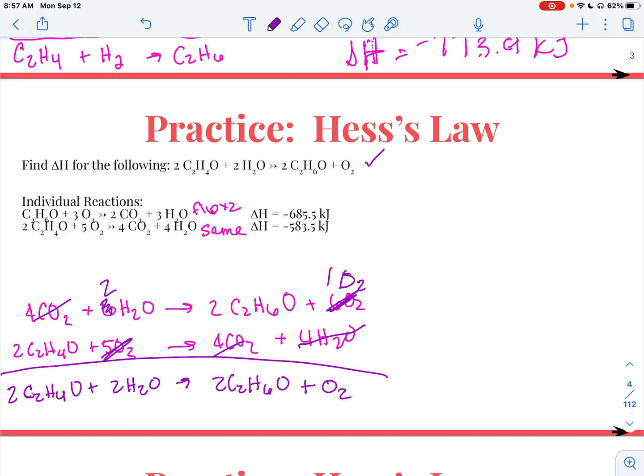So then delta H for the first one will be 685.5. We flipped that reaction, so that delta H is going to become positive and multiply by 2. And then this one stays the same.